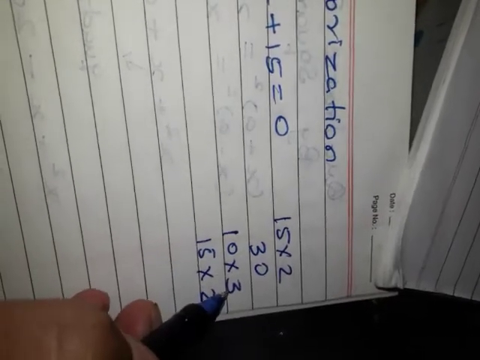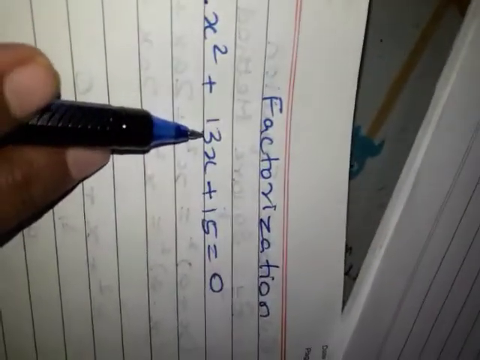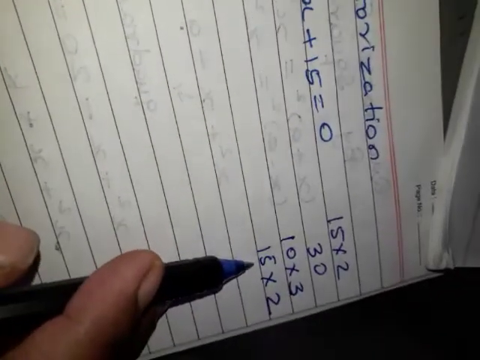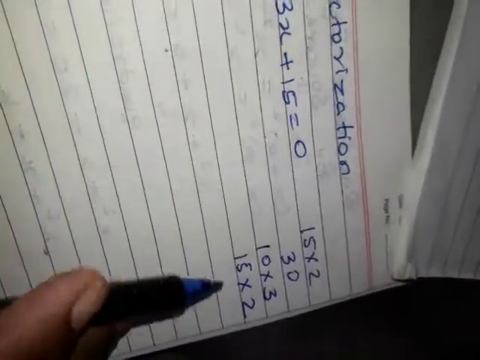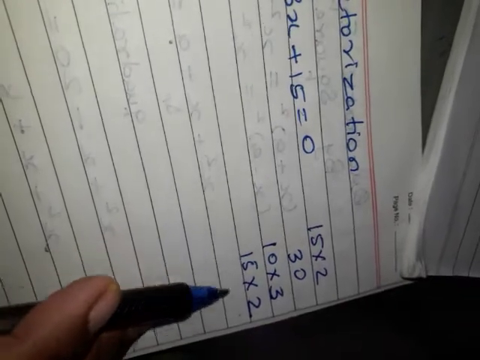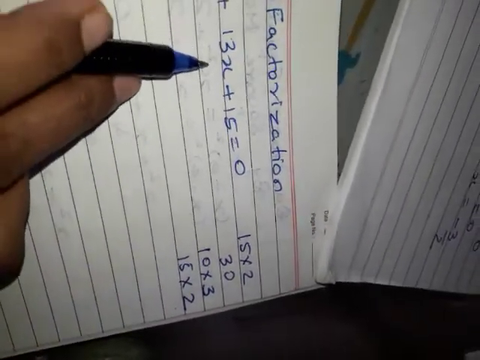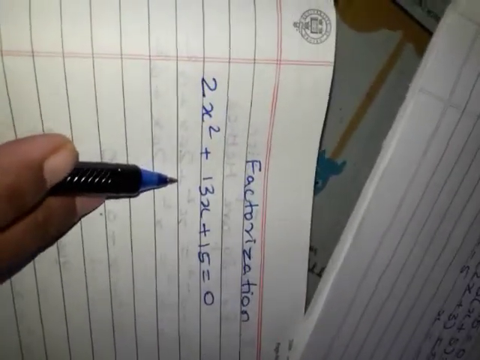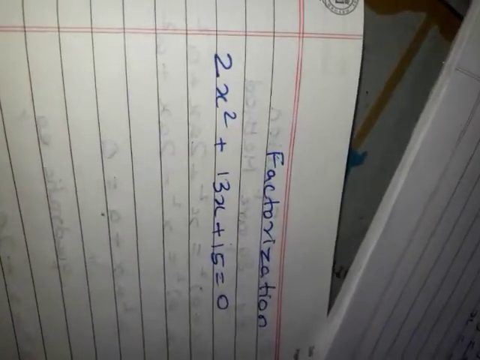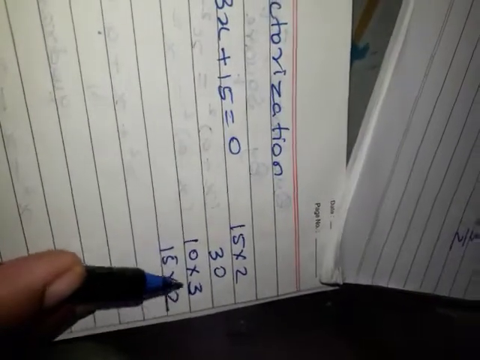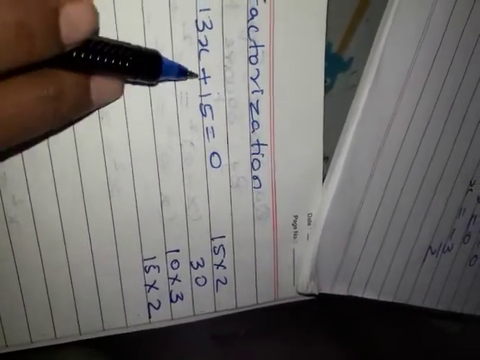Now 10 and 3 give me 10 plus 3 is equal to 13. Here 15 and 2 also give me 13 when I subtract, because 15 minus 2 is again 13. But I cannot take 15 and 2 as factors of this equation because the signs will not match. This is 15 minus 2 and I want all plus signs here. So I want 10 plus 3.